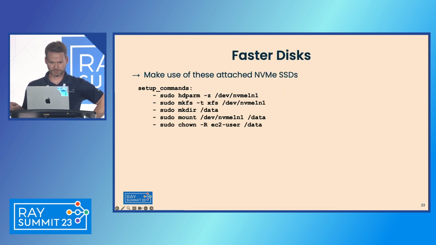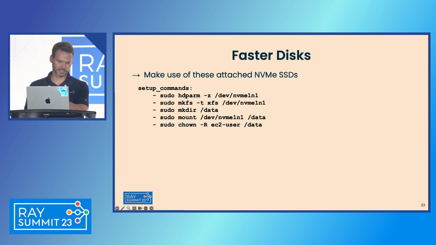Since these NVMe drives are there, they're not mounted by default, but it's not hard to do that. You have to format them and mount them. So when we have a manual cluster set up, this is an example of how you could do that just inside the Ray cluster YAML. hdparm just forces the kernel to rescan the partition table, and then you format it in XFS or whatever you want.